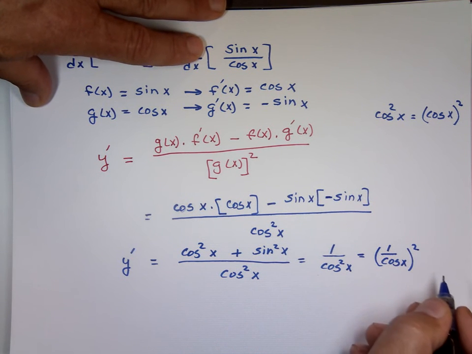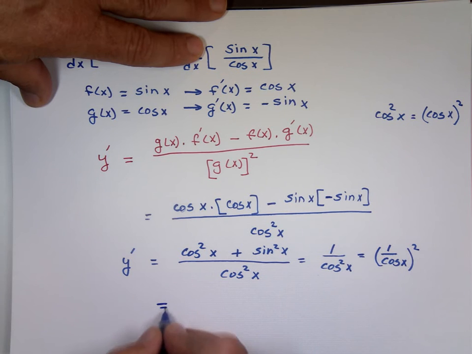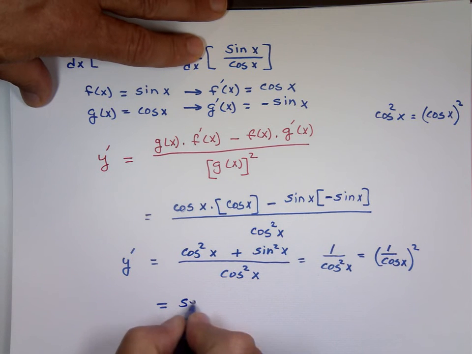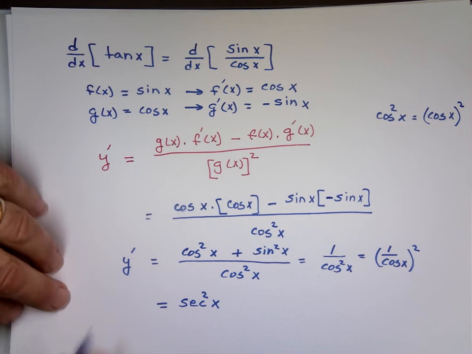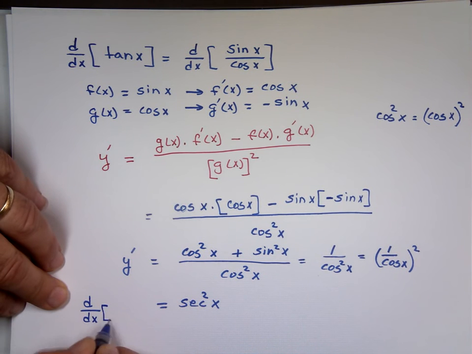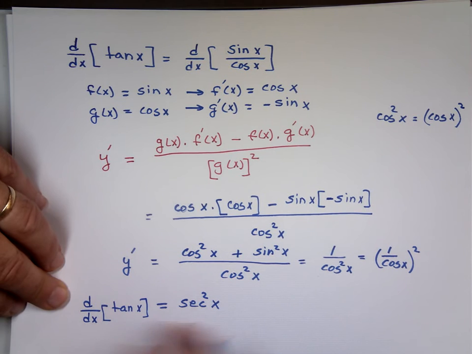What's 1 over cosine? Sine. Try again. 1 over cosine? Secant. So it's secant squared x. So the derivative of tangent x is secant squared x. That's another one to memorize, but there's the math behind it.